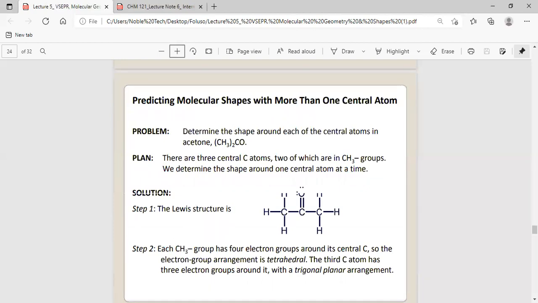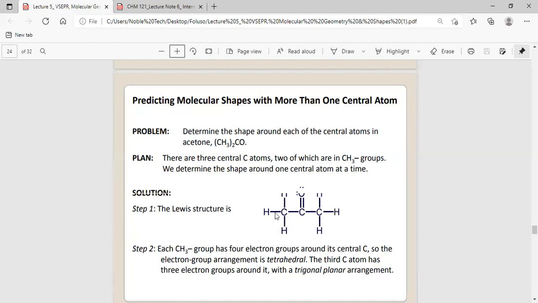Now, you can have situations where the central atom is more than 1. For instance, in acetone, we have CH3 and a CO double bond. This is the Lewis structure. So you have a central atom, another central atom, and a third central atom. In each of these cases, there is a different hybridization.